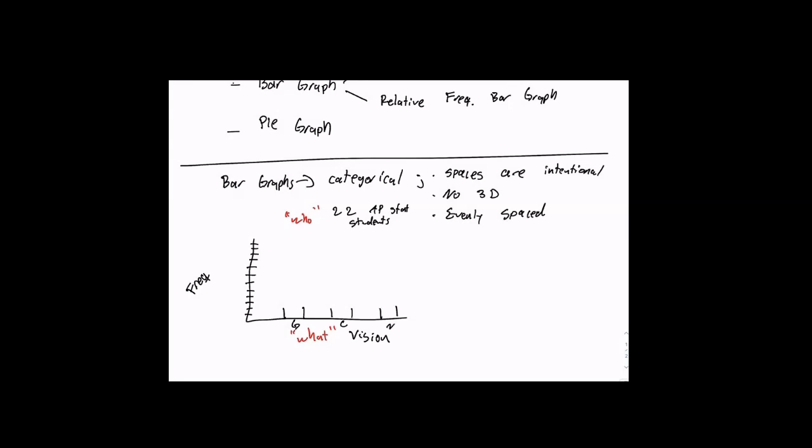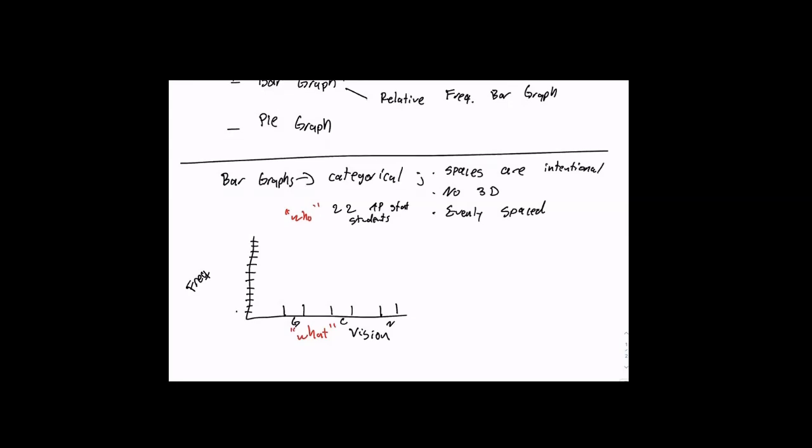Okay? So which one had the most responses? The glasses. And how many was that? 11. 2, 3, 4, 5, 6, 7, 8, 9, 10, 11. So all I have to go up to is 11.